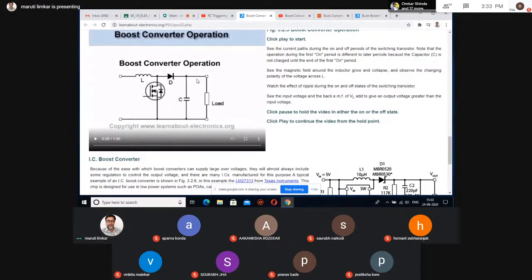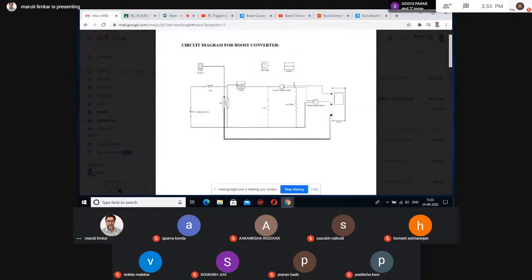Okay, it's an ammeter, the current measurement ammeter, in between the capacitor and the load. Then the second terminal of the ammeter is connected to the load resistor R. Then you have to measure the voltage across the load.